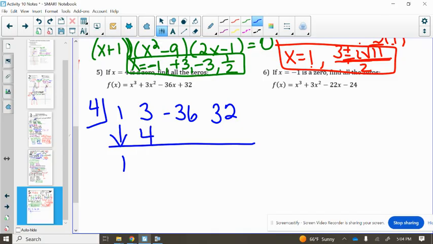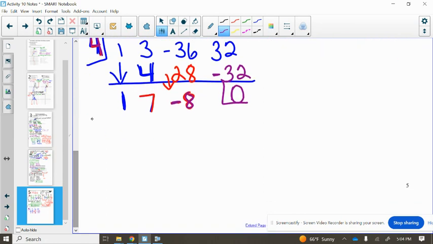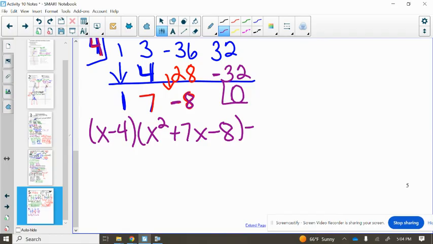So bring down that first term, multiply these two, we get 4, add down to 7, multiply these two, we get 28, add down here, we end up with negative 8, we add those, and then multiply, we end up with the negative 32, which confirms that this was a factor. And our other factors then would be x squared plus 7x minus 8.